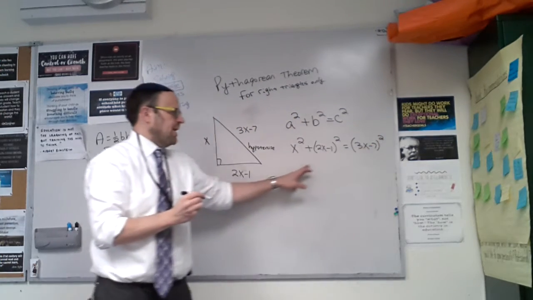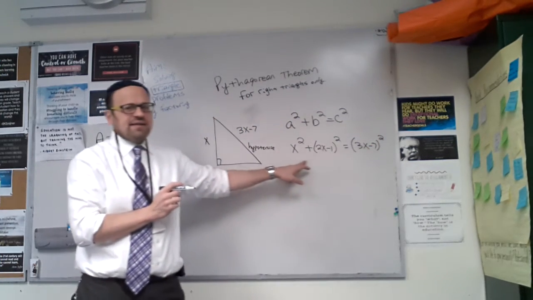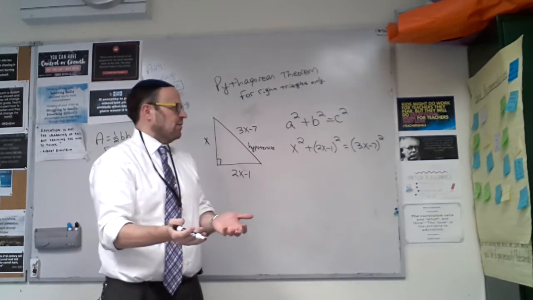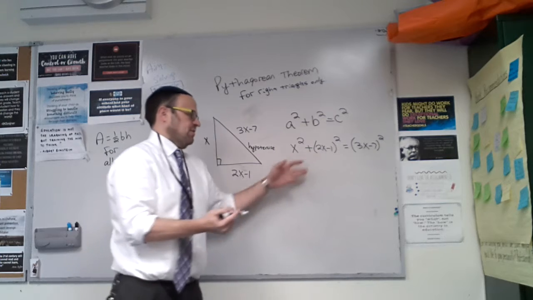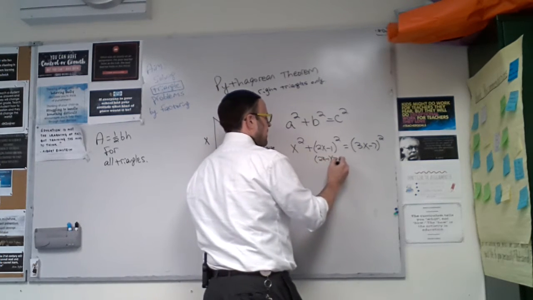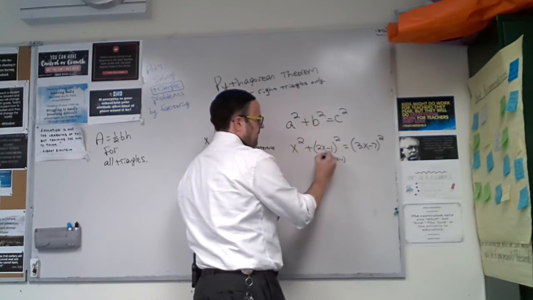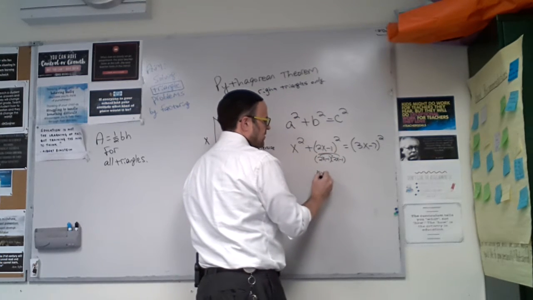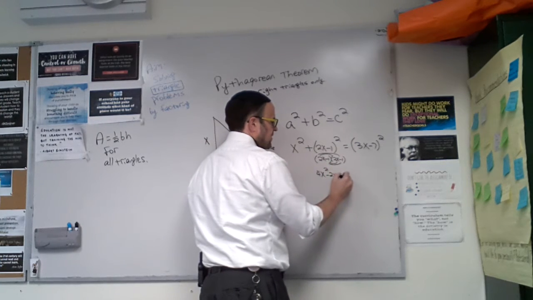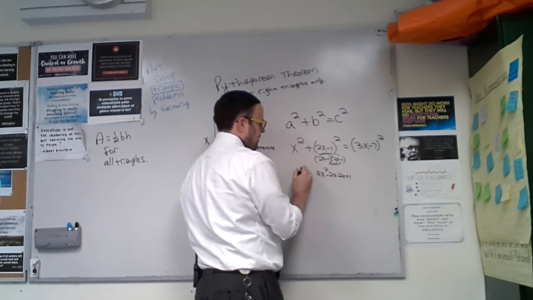Now, maybe we never saw something exactly like this, but what can we do? What is allowed? Can I multiply this out? Of course. 2x minus 1 times 2x minus 1. So I get 4x squared minus 2x minus another 2x plus 1.